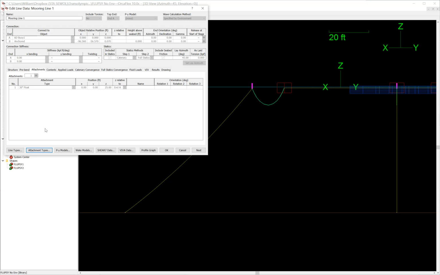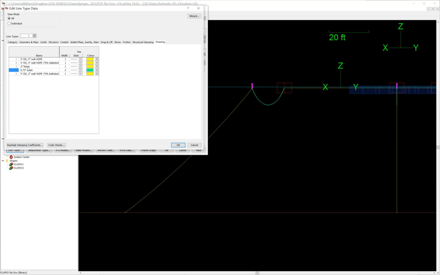Then the line types, the chain and wire and nylon. No, there's no wire, there's nylon. If we look at the nylon, if we look at the geometry and mass characteristics, we model the diameters of each line. We've got a special way of modeling chain to pick up its drag properly.